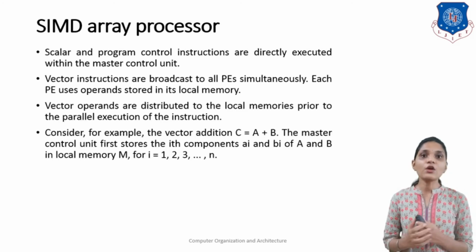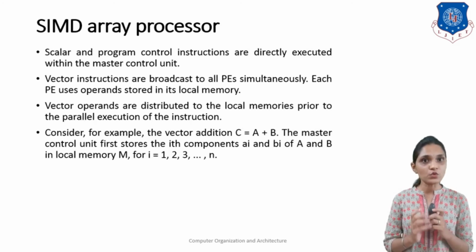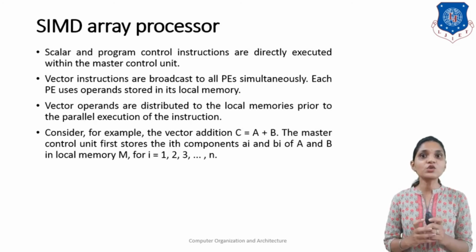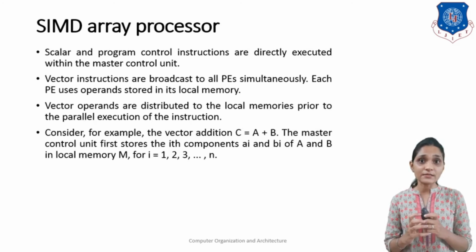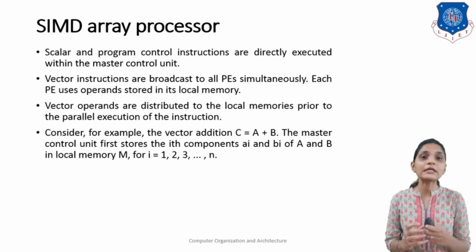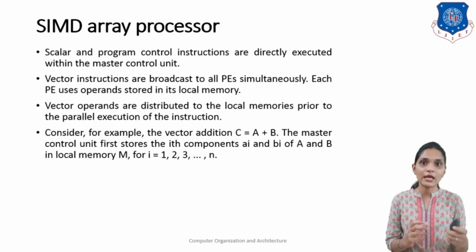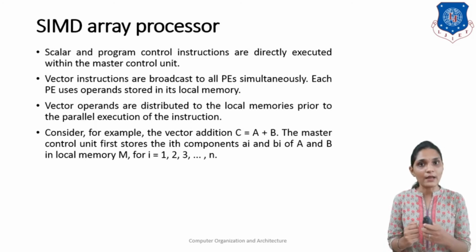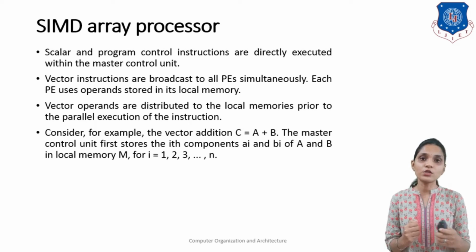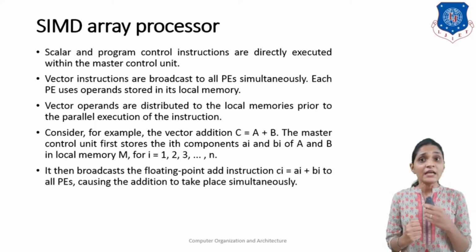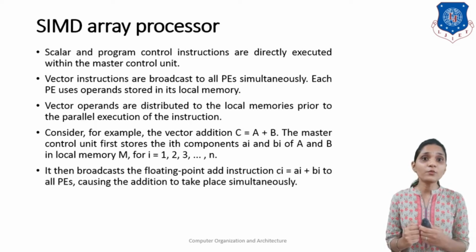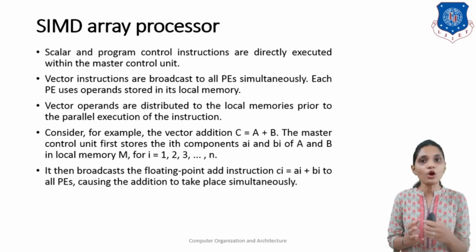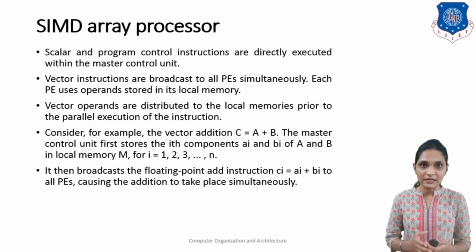Consider the example of vector addition C equals A plus B. The master control unit first stores the ith components Ai and Bi of A and B in the local memory M for i equals 1 to n. It then broadcasts the floating point instruction Ci equals Ai plus Bi to all PEs, causing the addition to take place simultaneously.